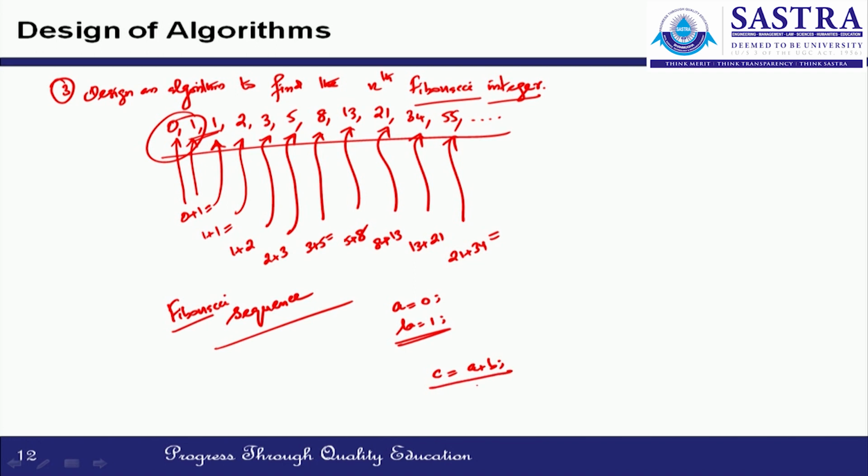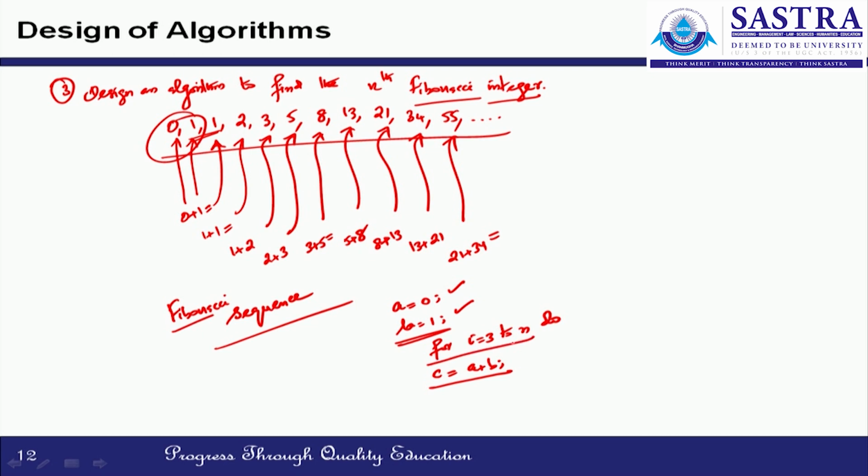Assuming 0 is the first number and b is equal to 1 is the second number, we can have the third number. For example, for i is equal to 3 to n do. When i becomes 3, the third number is obtained as c is equal to a plus b.